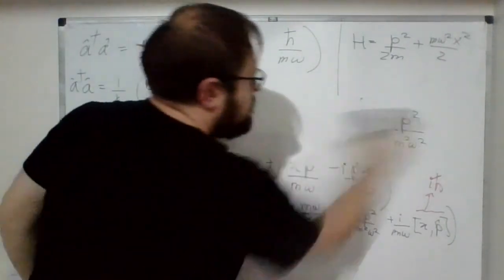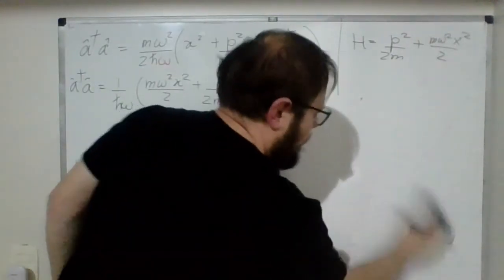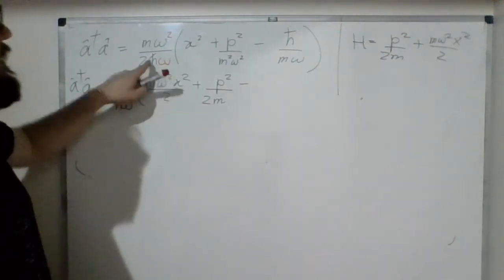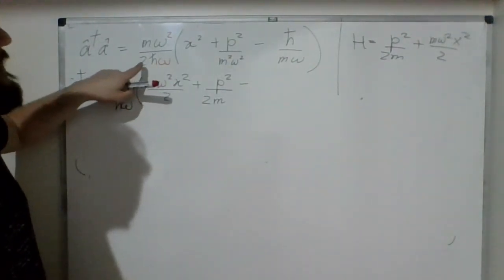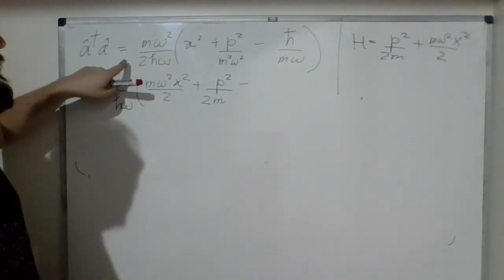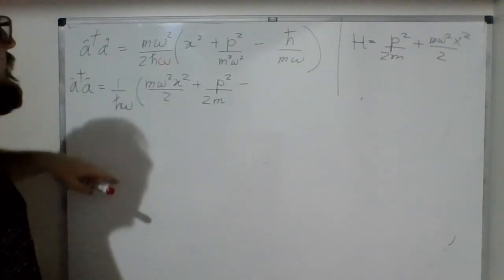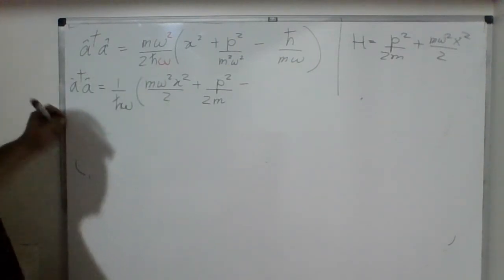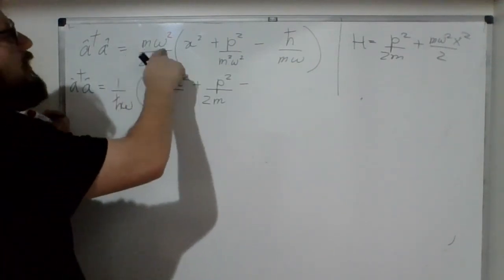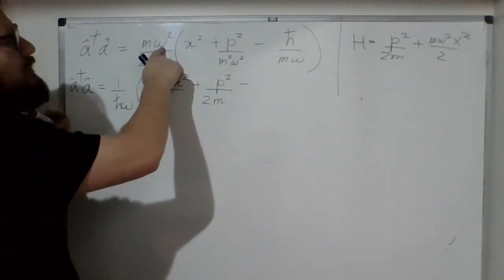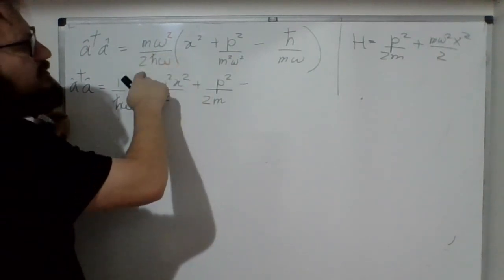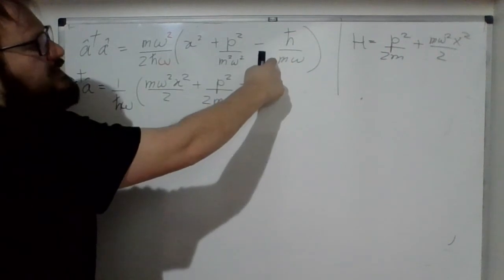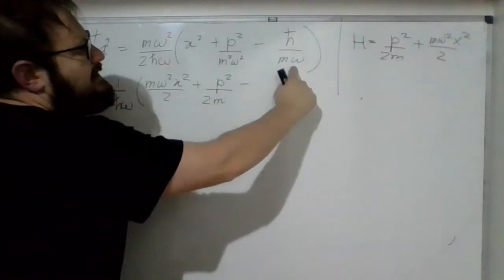Now we are multiplying everything here by m omega squared divided by 2 by this factor here. So m omega cancels out.